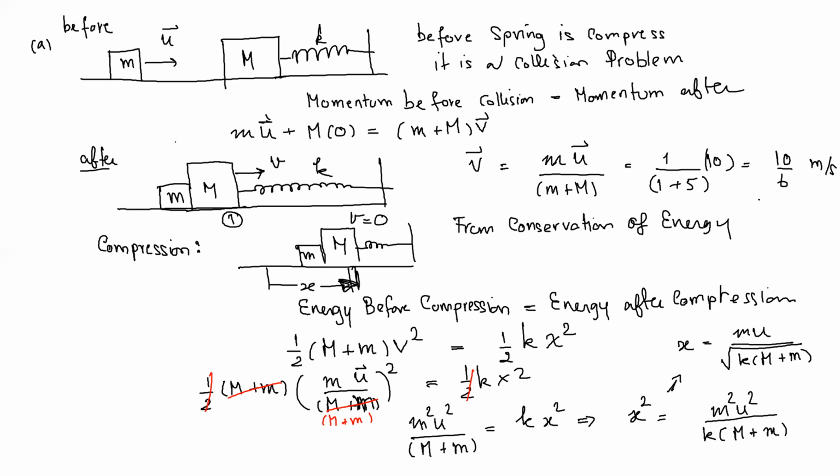Now, the object will compress the spring. In the beginning, the spring is not stretched, so there is no elastic potential energy. But when the spring is compressed, the kinetic energy is transformed into elastic potential energy. So we have at point 1 the total kinetic energy and at point 2 the total elastic potential energy.